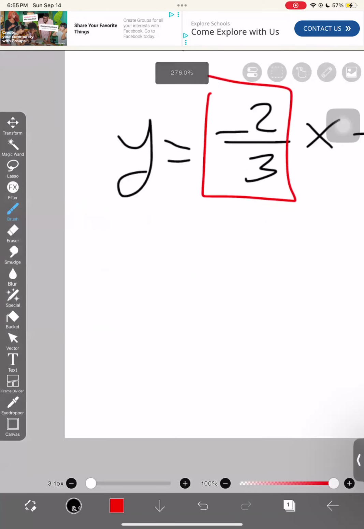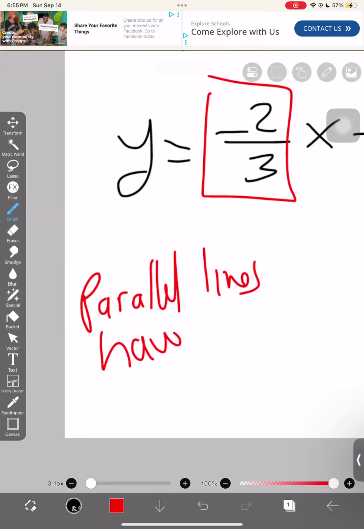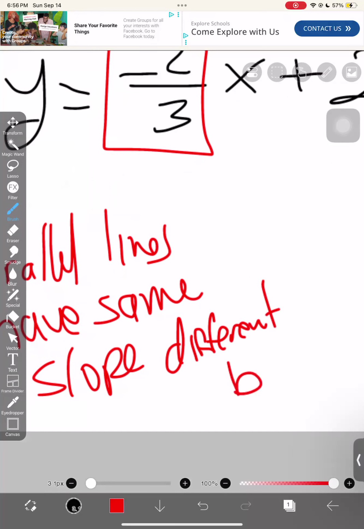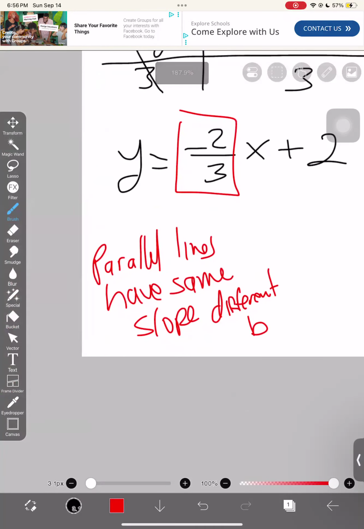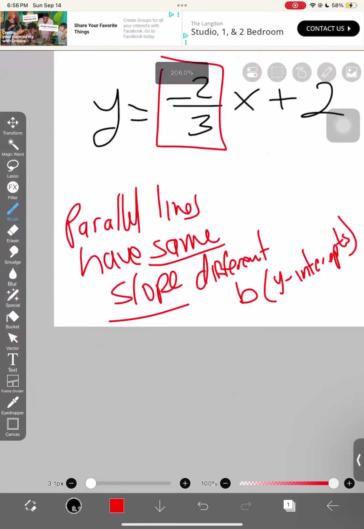So parallel lines have the same slope, but different b's or y-intercepts. So same slope, just different y-intercept.